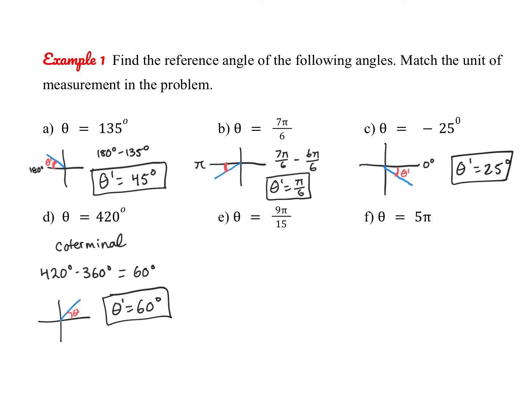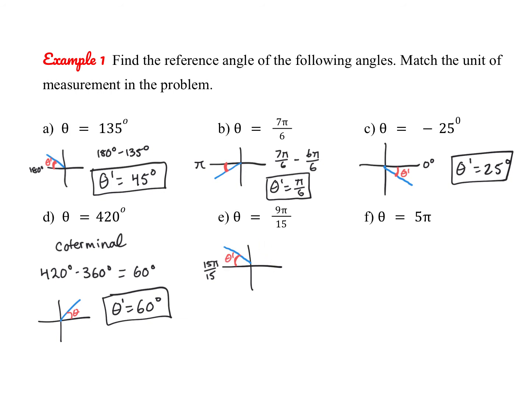All right, let's try our next one. So we have 9 pi over 15. So we have an angle in radians. So to place this one, remember 15 pi over 15 would be like half of a circle. So 9 pi over 15 is going to be somewhere here in quadrant 2. So we want the distance between 9 pi over 15 and 15 pi over 15, which is just pi.